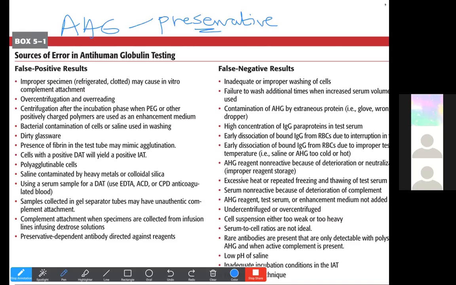Regarding the AHG reagent, it may also depend upon whether it's polyclonal or monospecific. That would also affect the results. So poly or monospecific AHG would also affect the positivity of the AHG results.